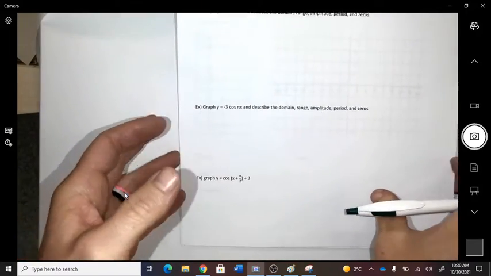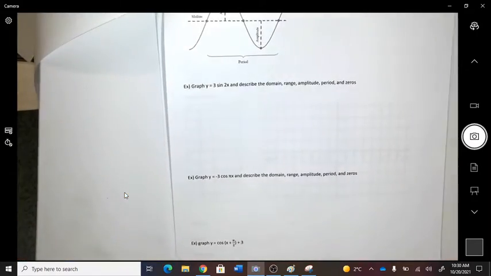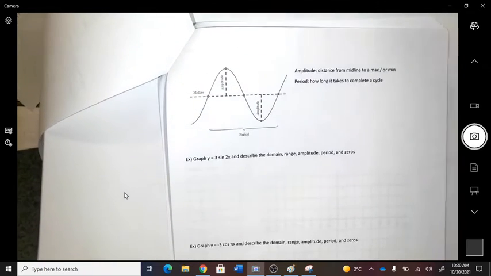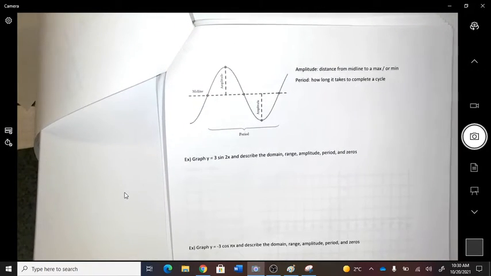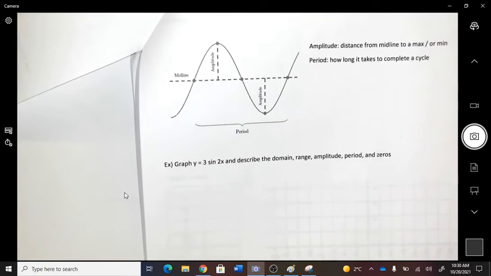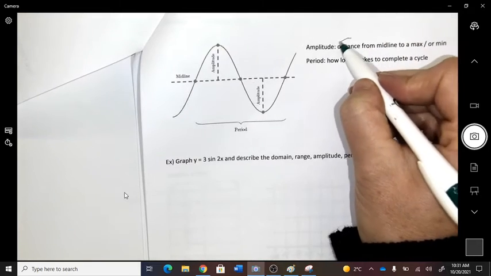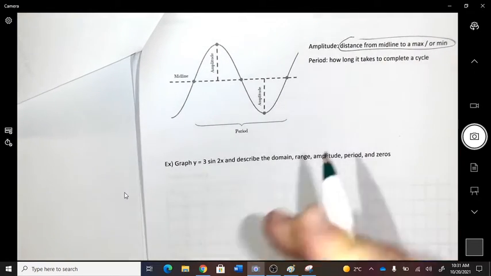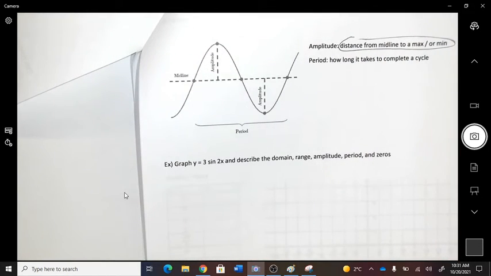I'm going to flip the page because I have these definitions on the next page. The word amplitude means the distance from the middle of a graph to the top or from the middle to the bottom.